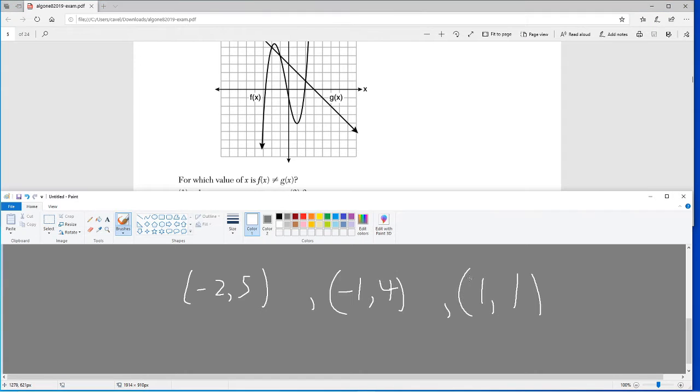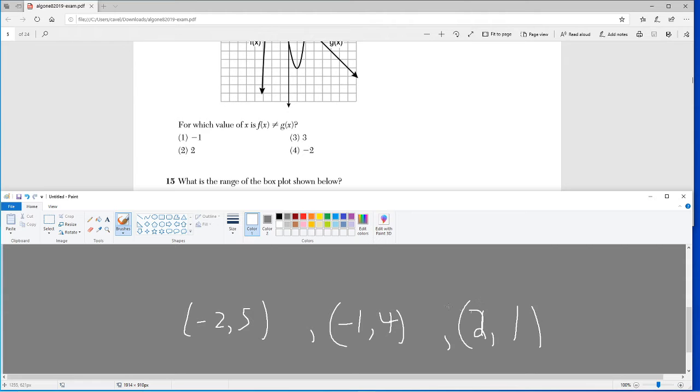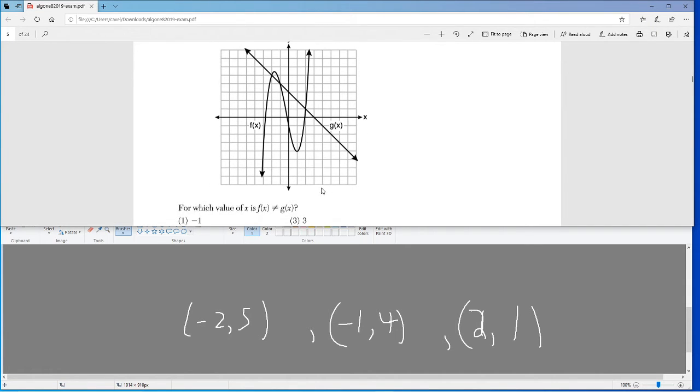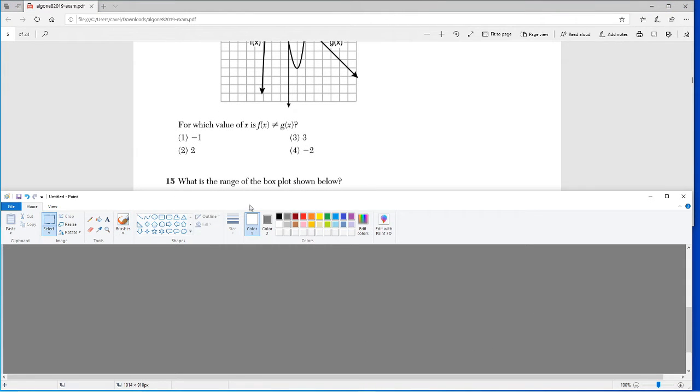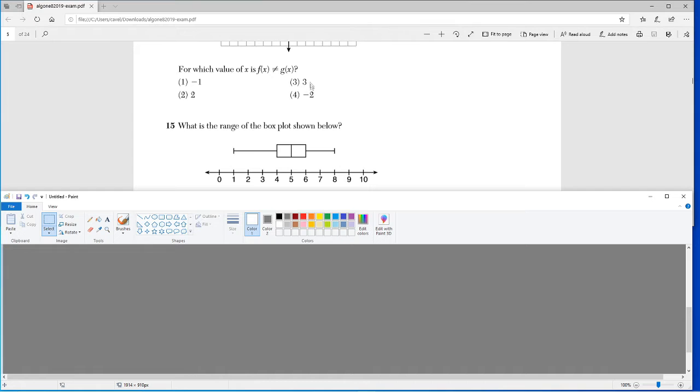Sorry, this is supposed to be 2, comma 1. I'm sorry about that. So they intersect at 2, 1, -2, 5, -1, 4. So the only time they don't intersect is when x is equal to 3. At x equals 3, there's nothing intersecting with g of x. All right. So the answer to problem number 14 is choice 3, which is also 3.